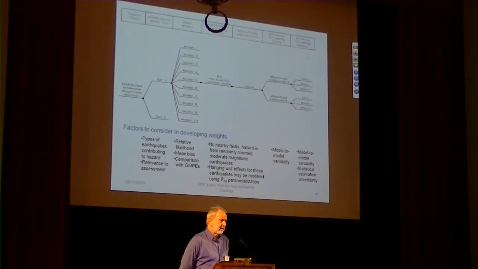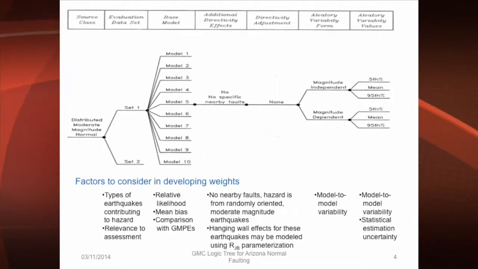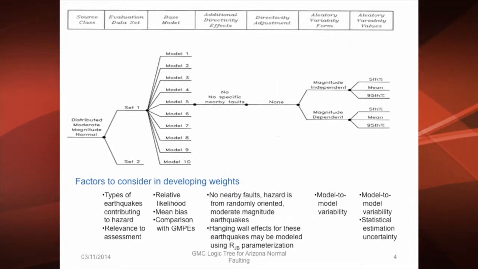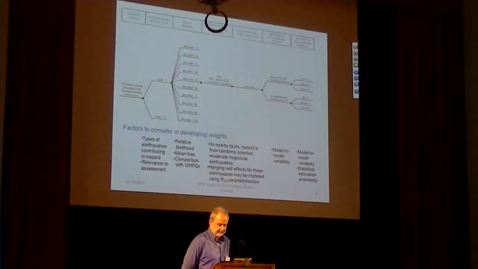Then we will develop our suite of ground motion models, nominally shown as 10 on this slide, and then develop weights on those models based on evaluations of relative likelihood, mean bias, comparison with the ground motion, the underlying equations, the information, and the discussion we had yesterday, which we still have to work through.